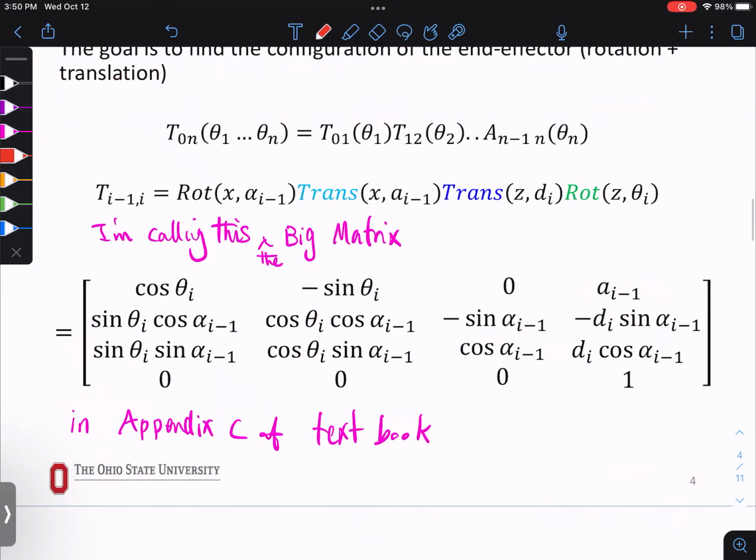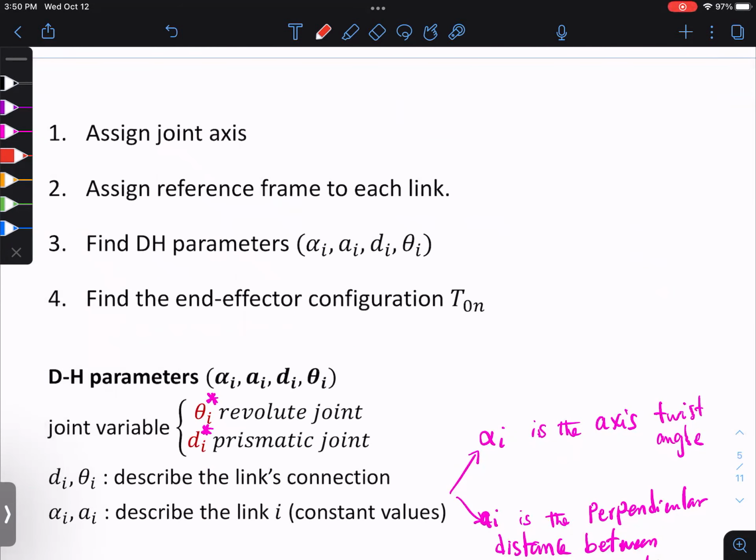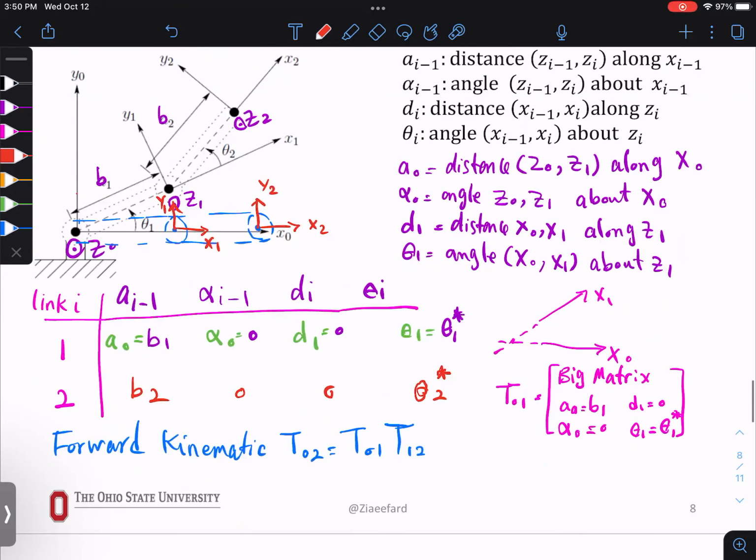There will be theta 1, alpha 0, A0, D1. You put those in. If you code, all you have to do is give the vector and it gives you the matrix T01. Then you put in the values for T12 and multiply.